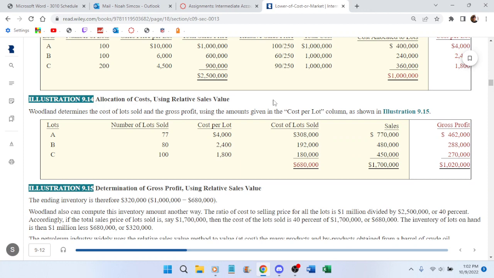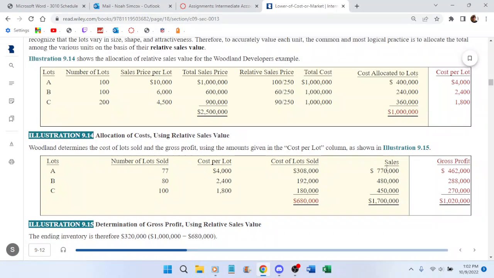So they didn't sell all of them yet. They already determined the cost per lot up here. They put that here. So now they multiply these together to get these. Here's your total. And they also have the amount that they sold it by, which was this. 77 times 10,000 is this. 80 times 6,000 is this. 100 times this is this.